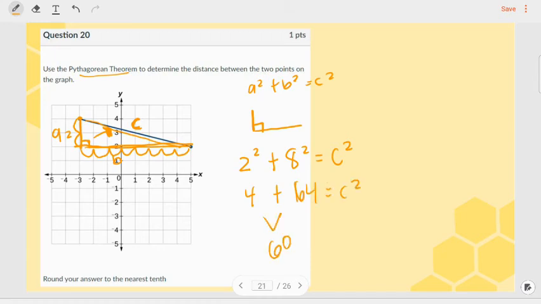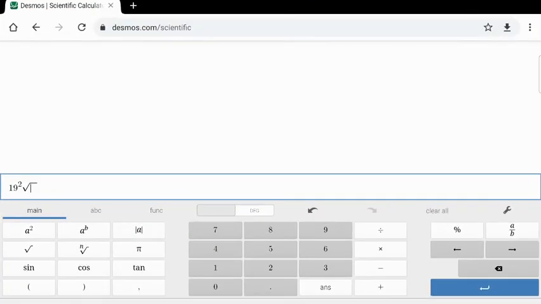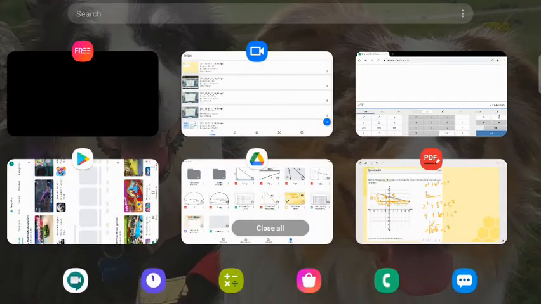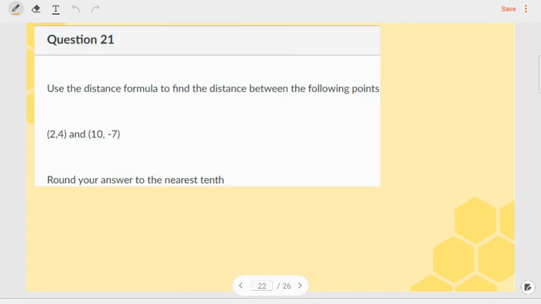Add these together, I get 68 equals C squared, and I'm going to use my calculator to take the square root. The square root of 68 is a grand total of 8.246. It asked me to round to the nearest tenth. So I'm going to draw a line after my 8.2. Does that 4 round it up? Nope, it does not. So 8.2 is my final answer.